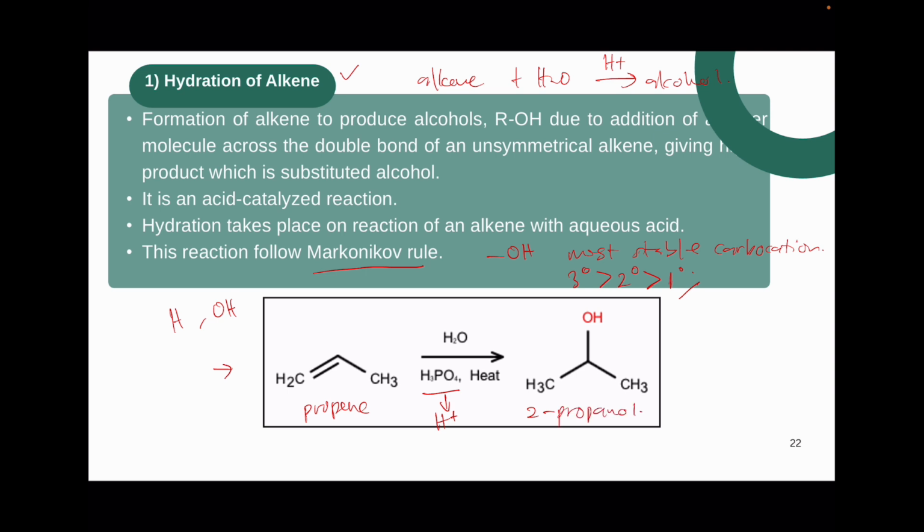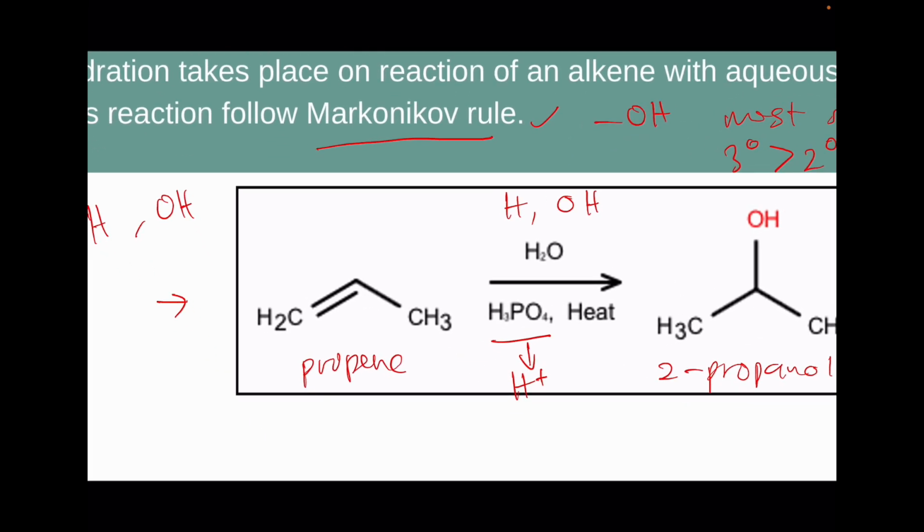Okay, so since this hydration reaction follows the Markovnikov rule, the reaction will add the H and OH across the C double bond C. Let's say I label them carbon A and carbon B. OH, following the Markovnikov rule, will attach to the most stable carbon in this reaction.